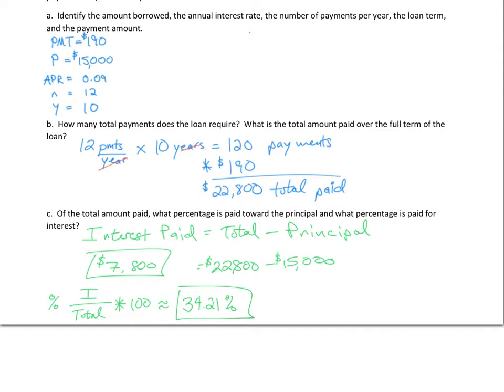And if you want to know what percentage of the principal, you would just take the principal and divide it by the total and multiply by 100. And that would give you 65.79%. If we're going out to 2 decimal places, you'll want to make sure that you go to as many decimal places as is being asked.